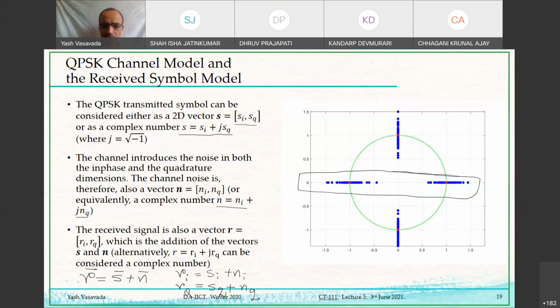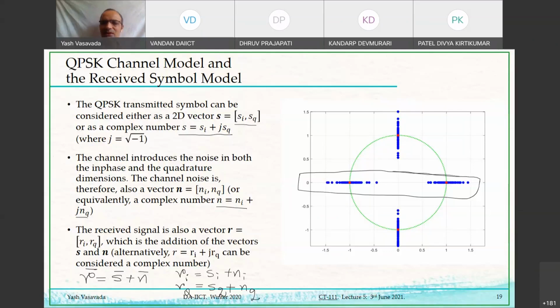Sir, I was having a question. Okay. Divya, you had something to say? Yes, sir. In BPSK we have linear noise, but in this case, noise can be in any direction.